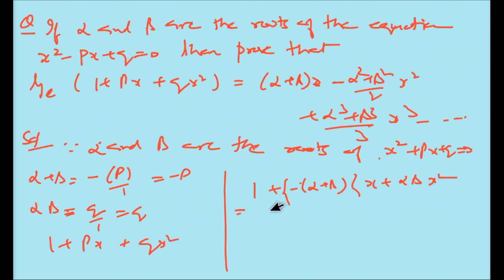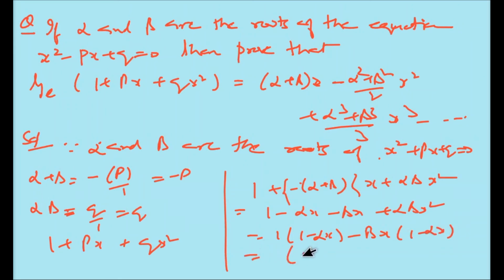So we can calculate it 1 minus alpha x minus beta x plus alpha beta x square. Taking the factor, we can get 2 factors 1 minus alpha x and 1 minus beta x.